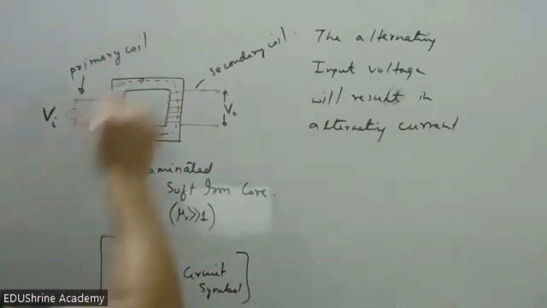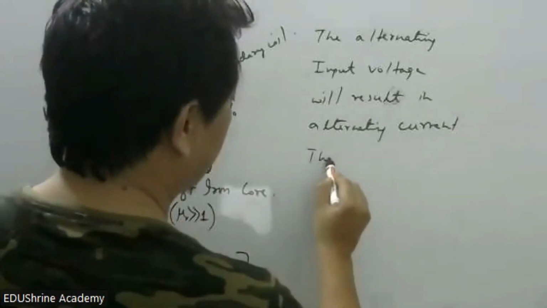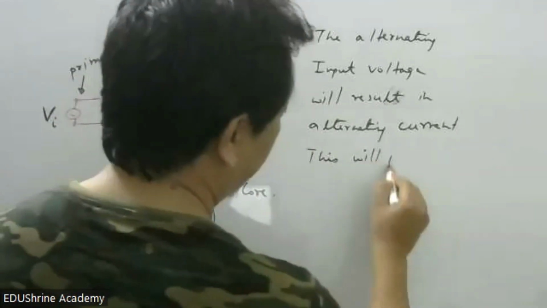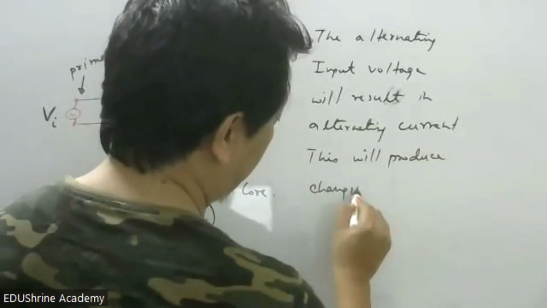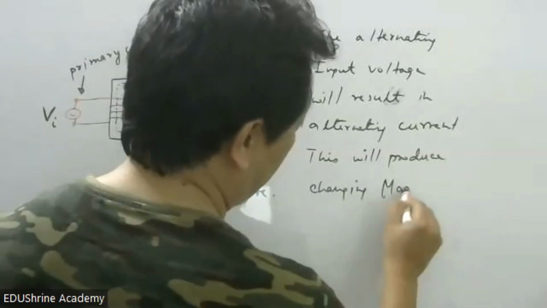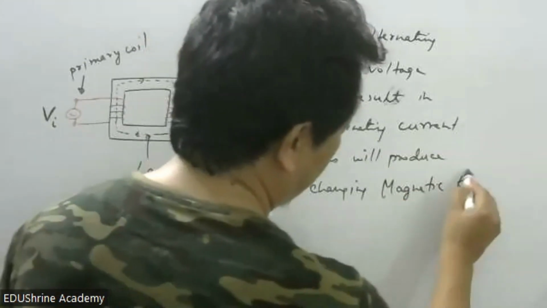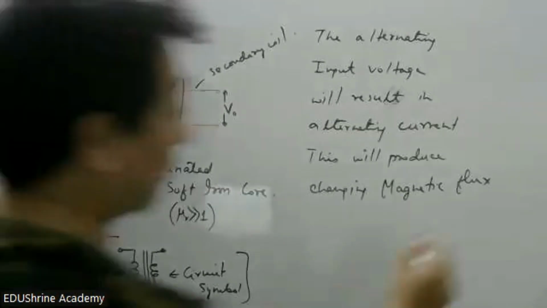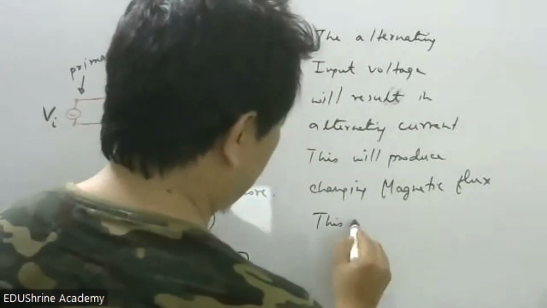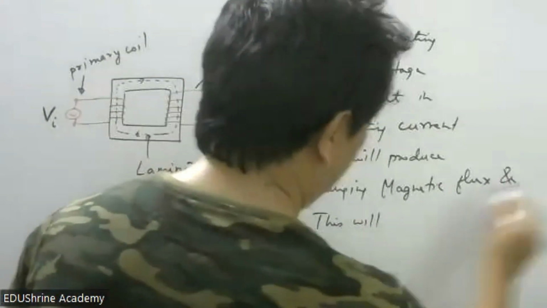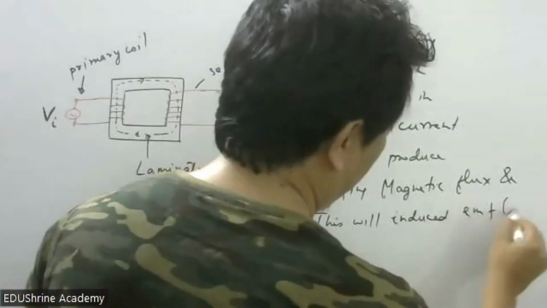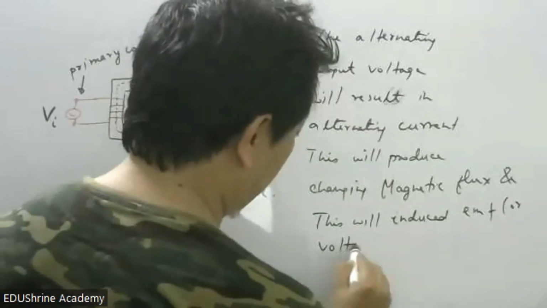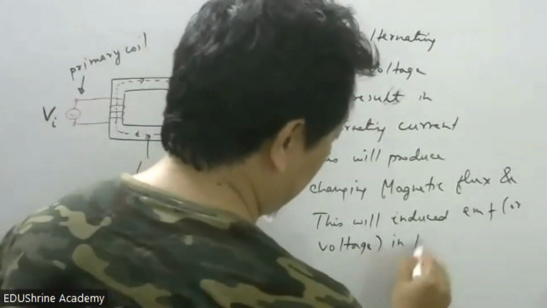This changing current will produce changing magnetic flux, and this will induce EMF or voltage in the secondary coil.